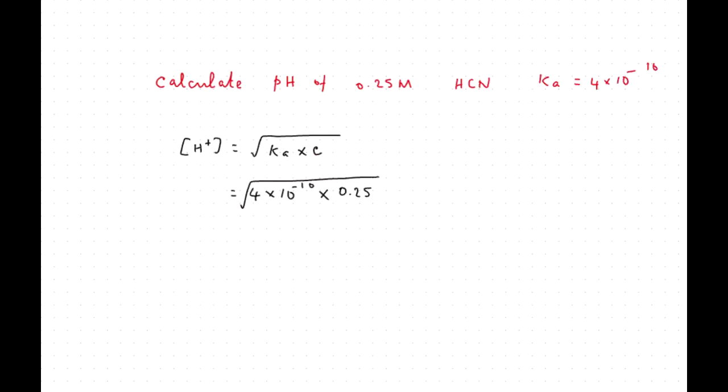So this becomes square root of 1 into 10 power minus 10. So it becomes 10 power minus 5. So the pH is negative logarithm of hydrogen ion concentration, which is 10 power minus 5. So the pH is 5.